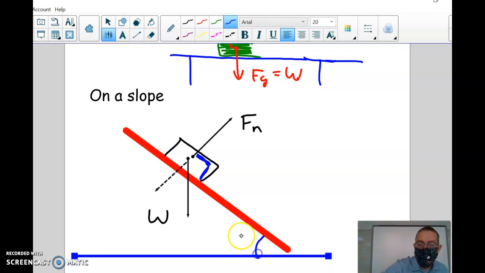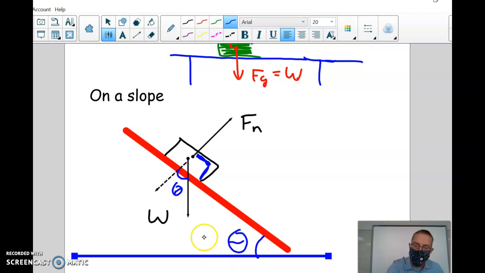And this angle is theta right here. And so that means that that angle is theta by one of your angle laws that you learned many years ago. We could rehash what those laws are about and why that happens, but these are going to be similar types of triangles.